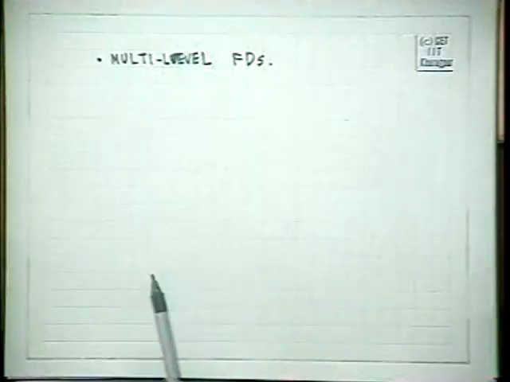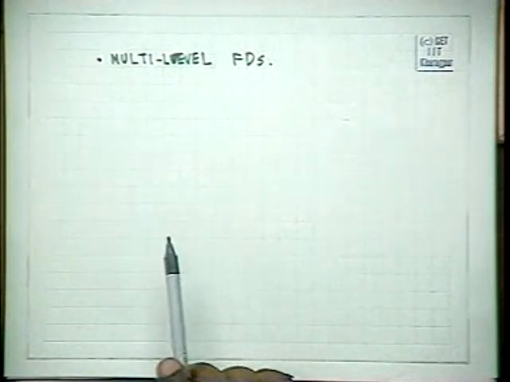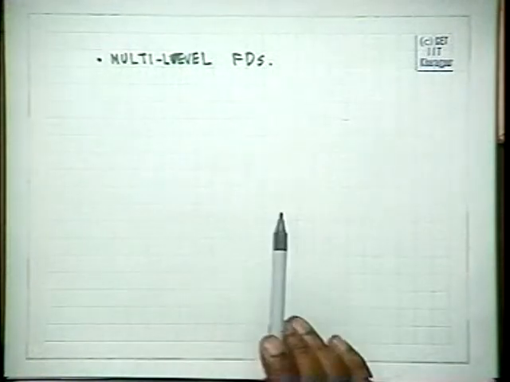So, there are other concepts like multi-valued dependencies, which we will not discuss at present, but we may discuss if we have time at a subsequent level of the course or later in this course itself.